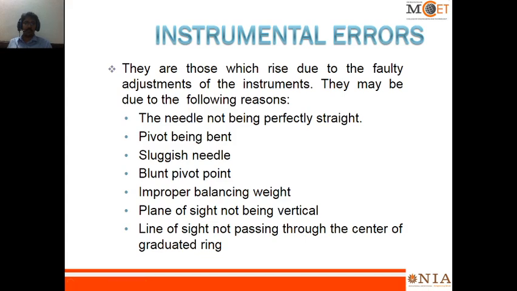Instrumental error: the needle not being perfectly straight, it may get bent, pivot being bent, sluggish needle, blunt pivot point, improper balance weight, plane of sight not being vertical, line of sight not passing through the center. These are errors that may be because the instrument was made wrongly, or the instrument may be too old. So these are the instrumental errors.